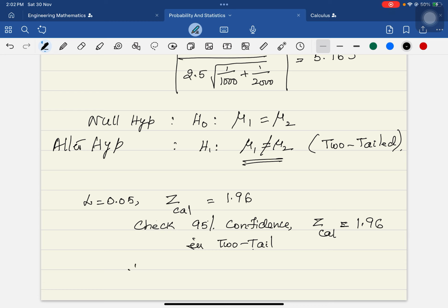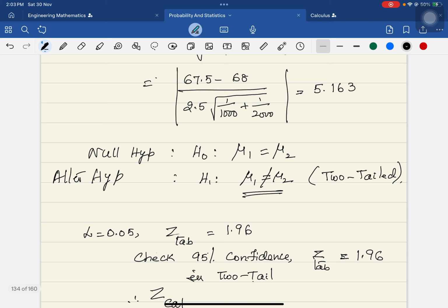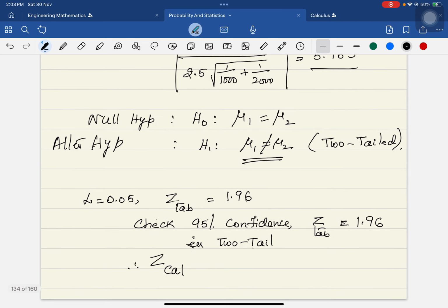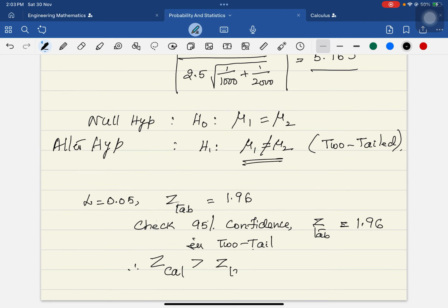So what we have got now is the Z table value, which is 1.96, and the Z calculated value we got is 5.163, which is greater than the Z table value.